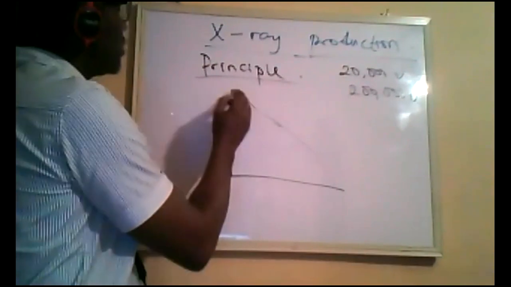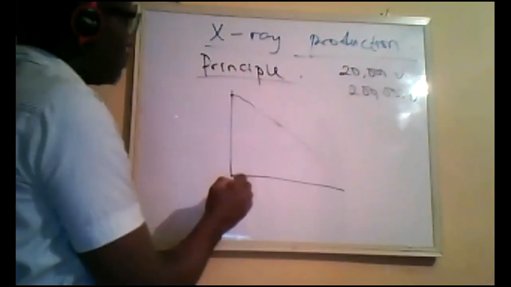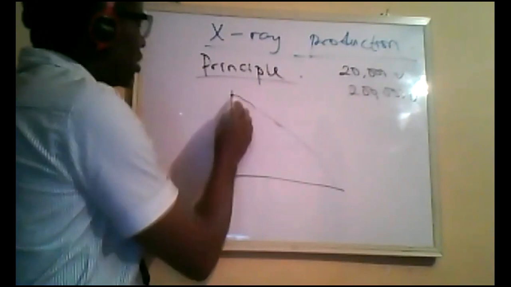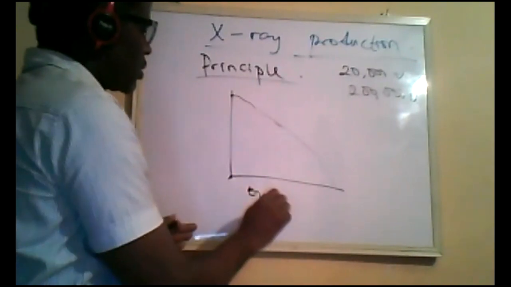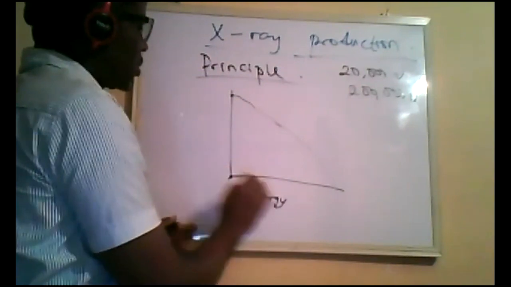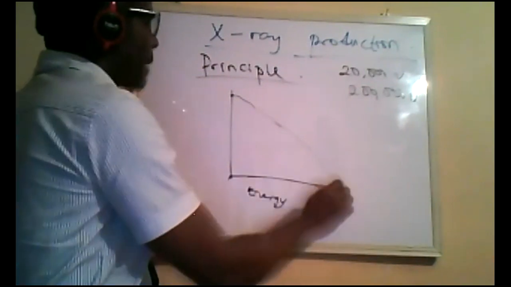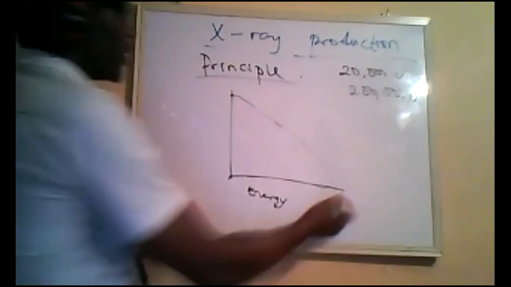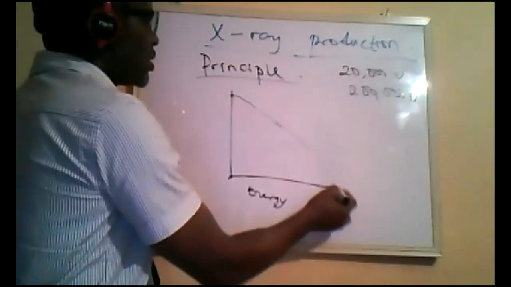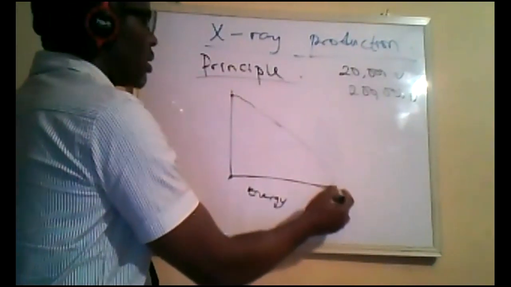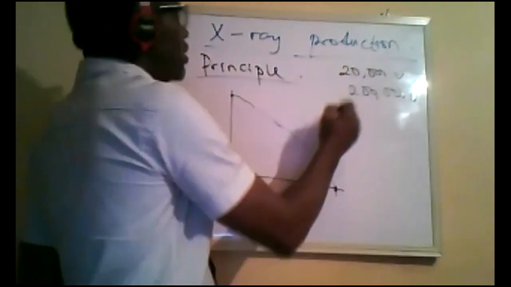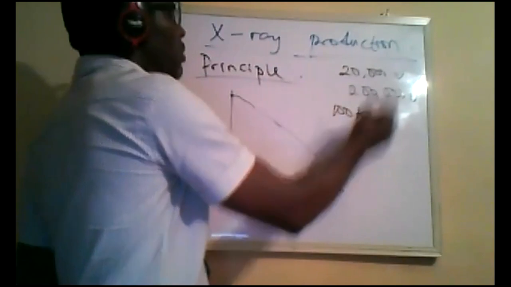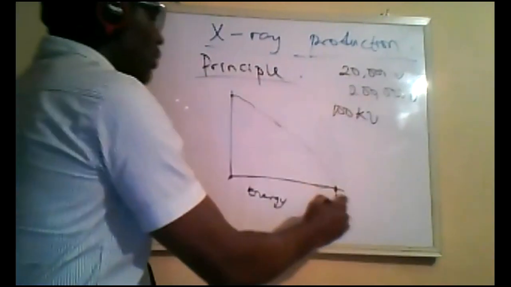That is from this, the energy increases. Going to increase this way. The ones here, this is the maximum energy. Assuming you have a potential of maybe 100 kV, it is going to be at 100.